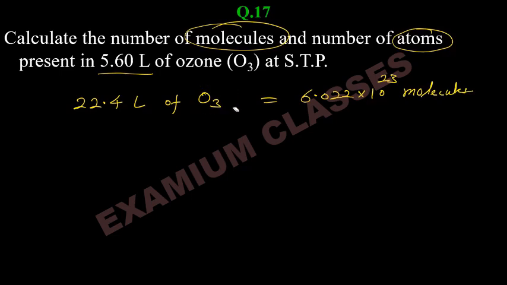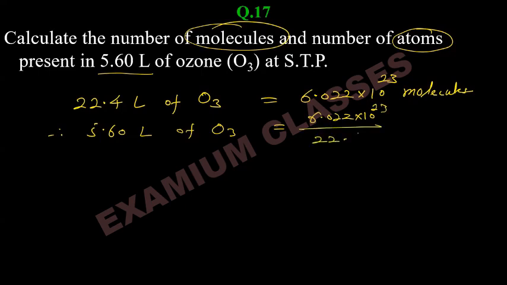It's not an atom. So these many molecules will be there. Hence, 5.60 liters of ozone will have 6.022 into 10 power 23 divided by 22.4 into 5.60.